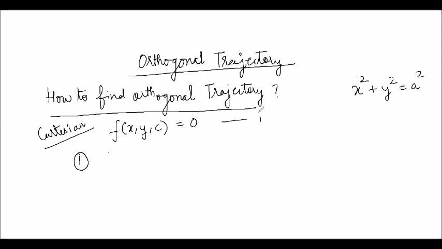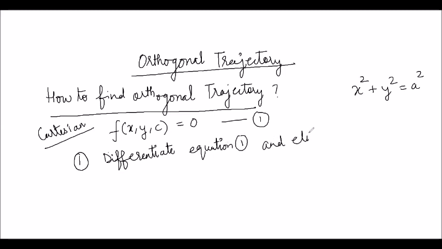If I name this as equation 1, differentiate equation 1 and eliminate the arbitrary constant, which is here c.